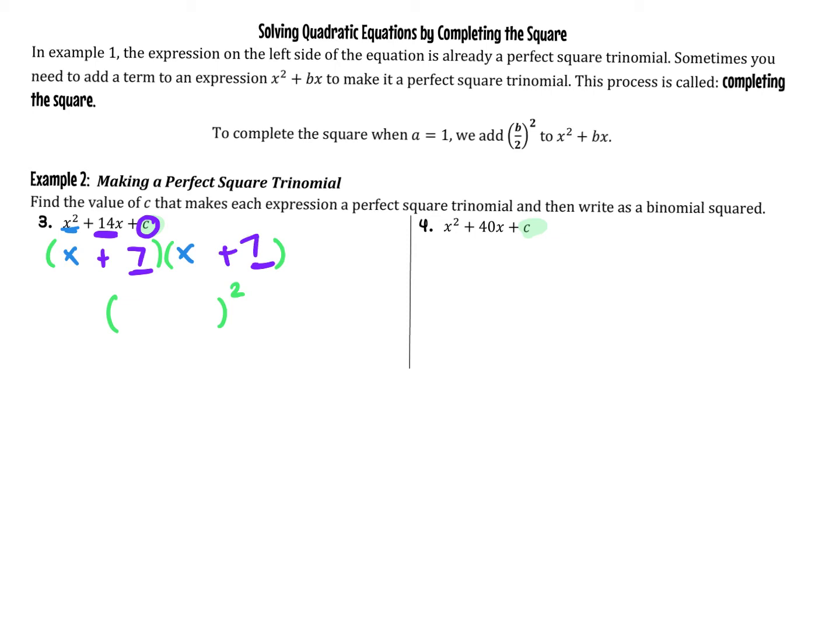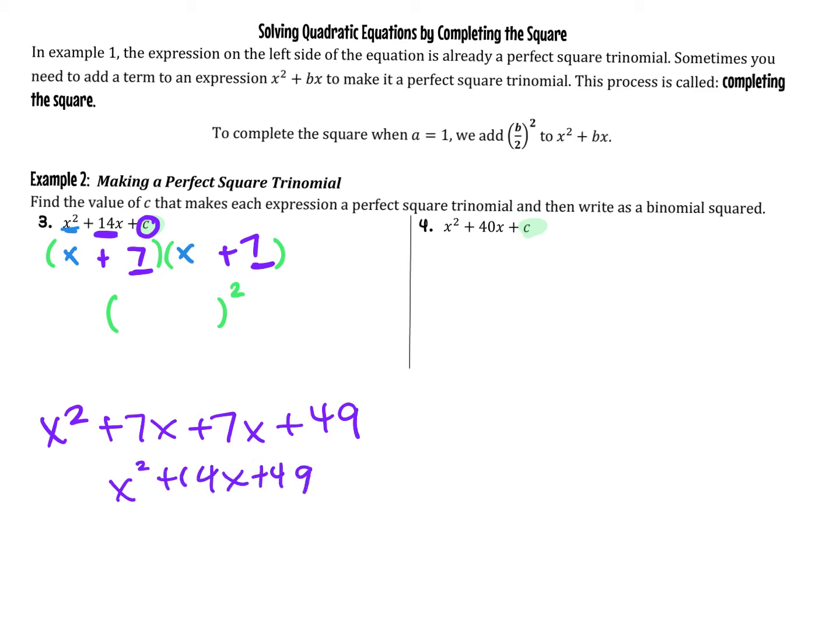That means if I multiplied this out, I would end up with x squared plus 7x plus 7x, or plus 14x plus 49. So the number that I need to go in this C spot is 49, because that's what I would get if I expanded this polynomial out.